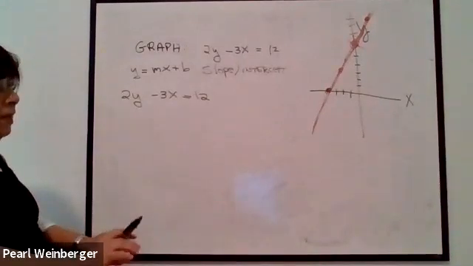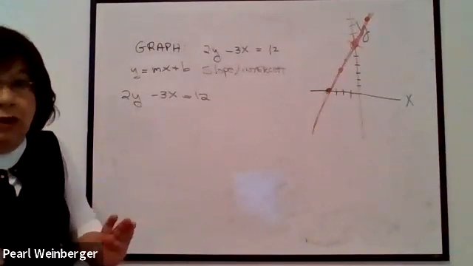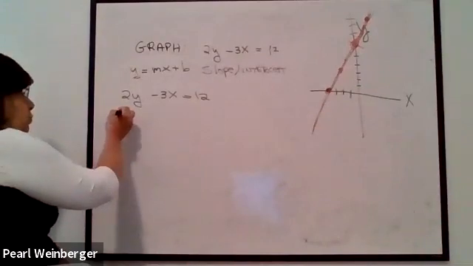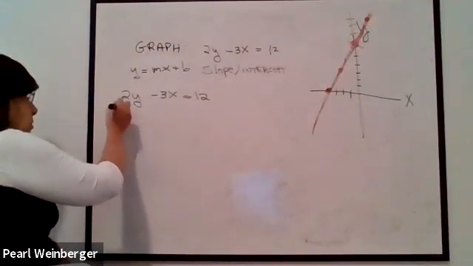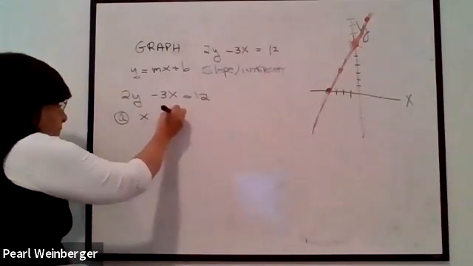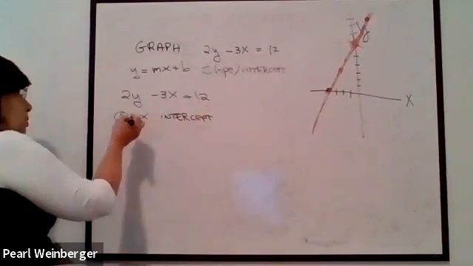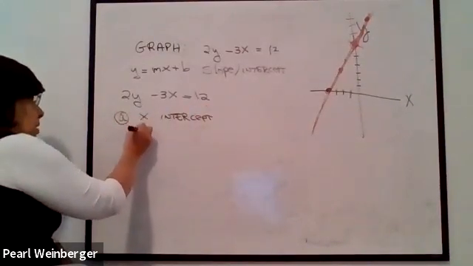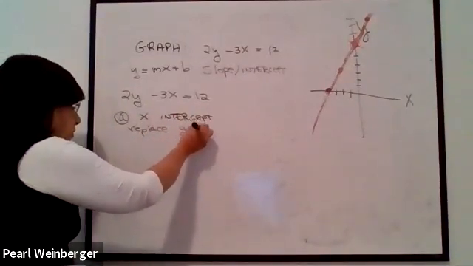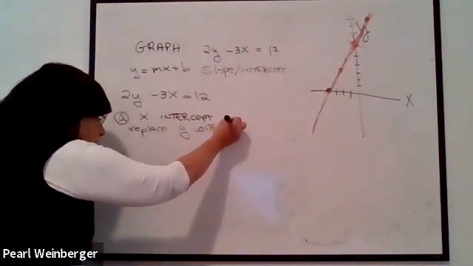And the basic method for finding the intercepts is the same no matter whether it's a line or any other feature. If you want to find the x-intercept of a graph, replace y with 0 in your equation.